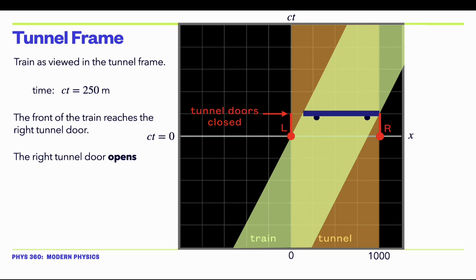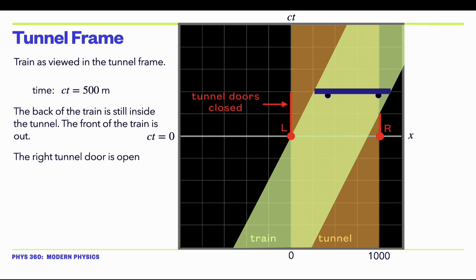When ct is approximately 250 meters, the front of the train gets over to the right tunnel door, at which point we're going to have to open that door to let the train out. And then at ct of 500, part of the train is poking out to the right of the tunnel, and it's going to keep on going.